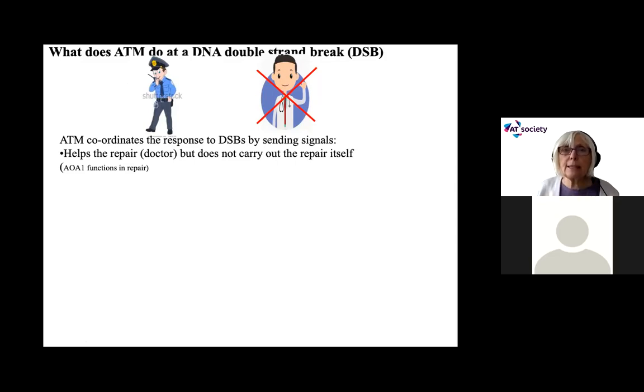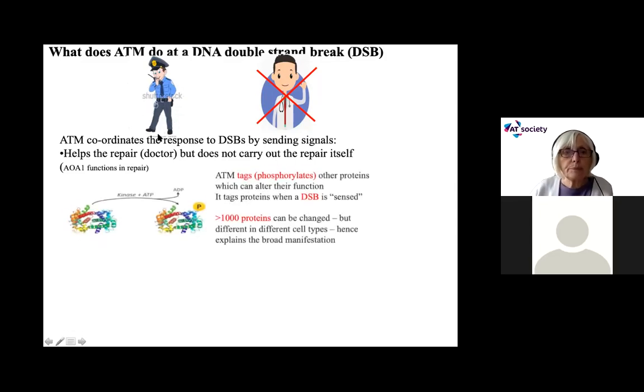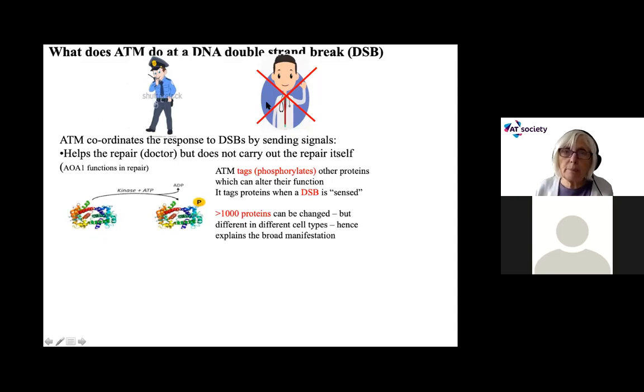And it does this by sending signals when it senses that a double-strand break is present. AOA1, I might mention, is much more involved in the repair process itself. So what ATM can do is to tag, alter, add a little chemical group, which is called phosphorylation, to another protein.